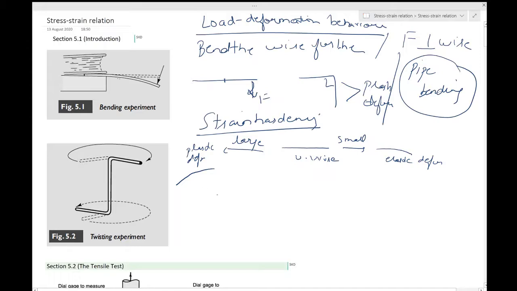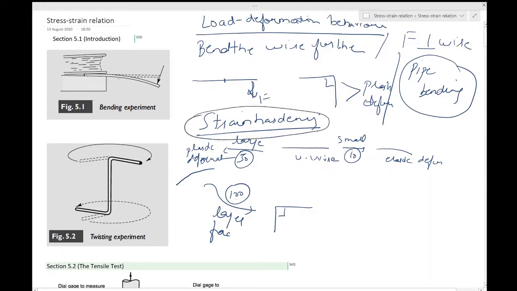Now you continue to apply a larger force, only then you will achieve something like this. So the force which will be required over here, this may be 10, this may be just an approximation, say 50, and this may be 100. So this force to cause a 90-degree bend is much greater than what is required to cause a plastic deformation. So this phenomenon is called strain hardening.